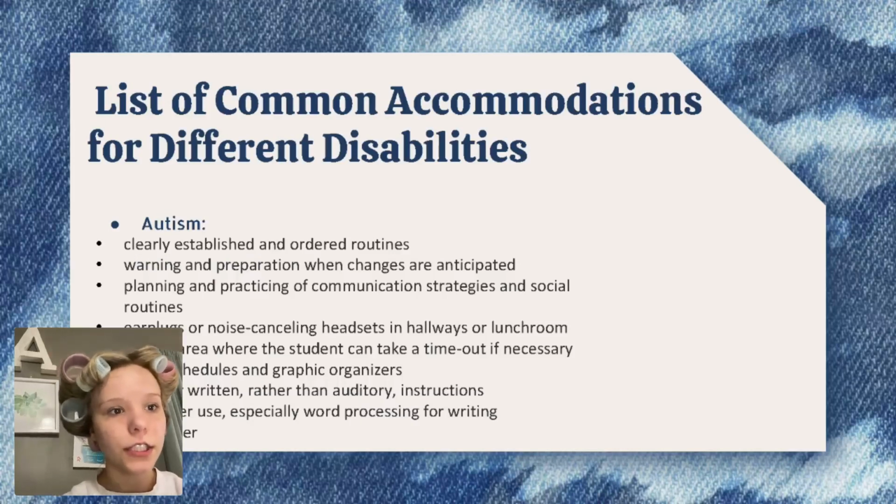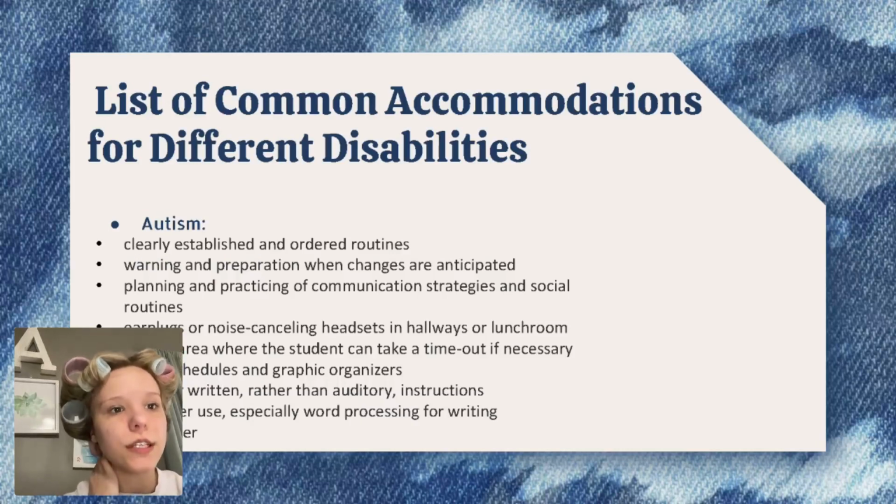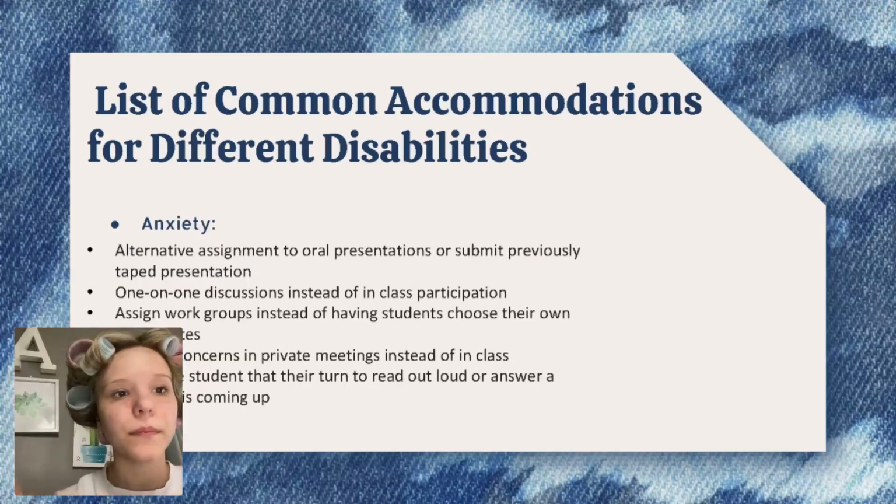Autism: clearly established and ordered routines, warning and preparation when changes are anticipated, planning and practicing of communication strategies and social routines, earplugs and noise-canceling headsets in hallways or lunchroom, quiet area where the student can take a timeout if necessary, written schedules and graphic organizers, instructions that are written rather than auditory, and word processing for writing and computer use, as well as a note taker.